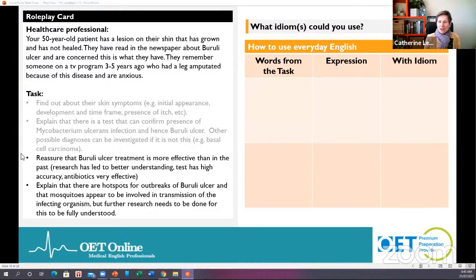So I think that it's something that's good to try out while you're practicing, and keep on developing this skill as you keep developing your English language skills. Understanding idioms and using them as well is a really good thing to try out.